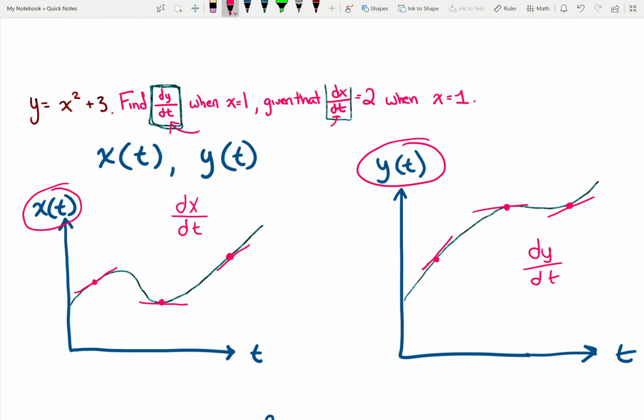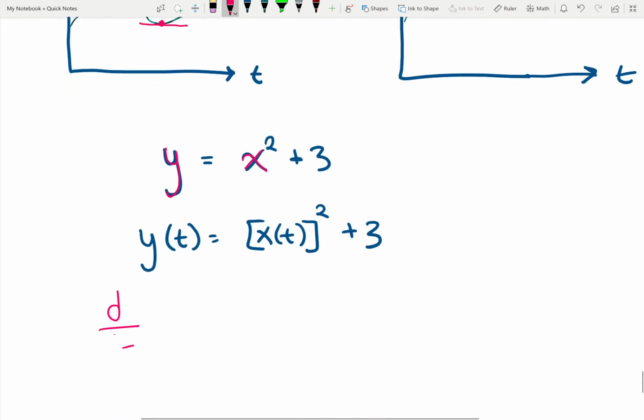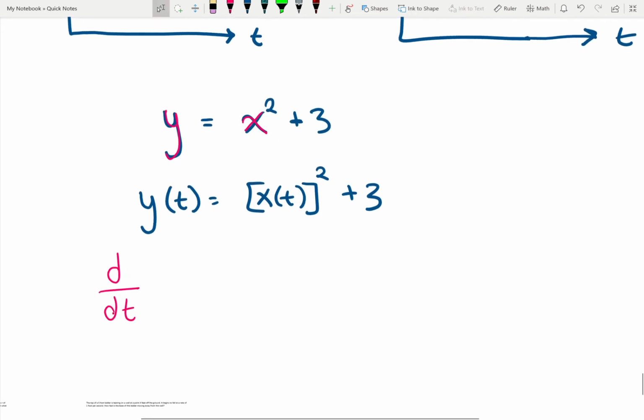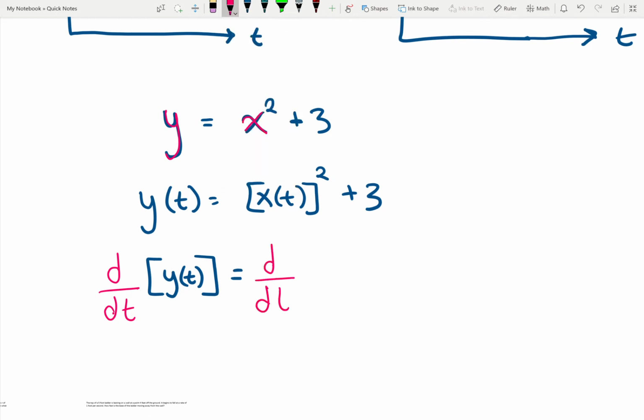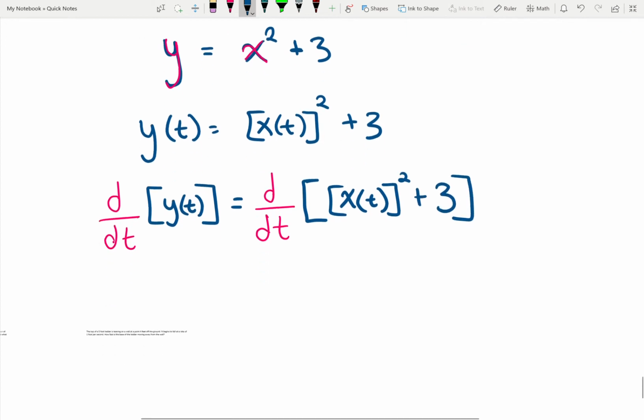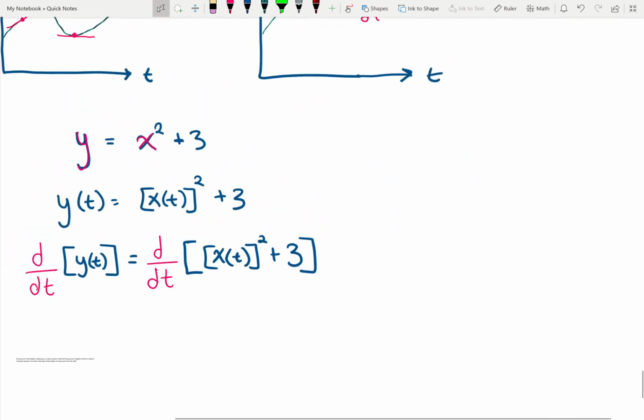They're giving us something with respect to time, so I'm taking d/dt of y of t, and of [x of t] squared plus 3. I'm a fan of brackets; if you want to use parentheses, go for it. I ran out of room, I wrote too big.